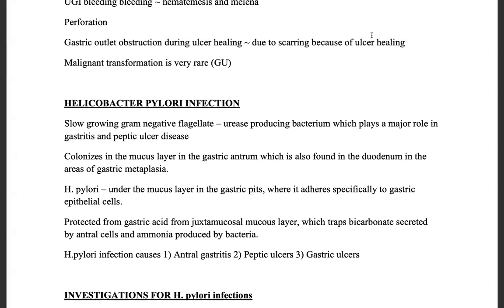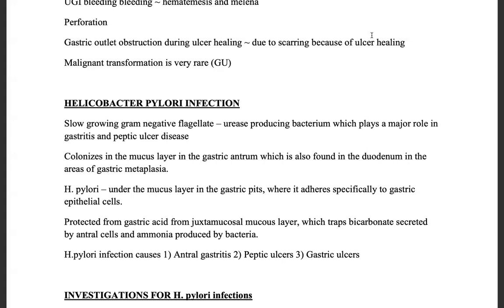And they use different kinds of adhesion molecules to adhere to these gastric pits. Okay. What they do is they have this enzyme called urease. They can convert urea to ammonium and chloride. Okay. And these ammonium and chloride compounds are directly cytotoxic.